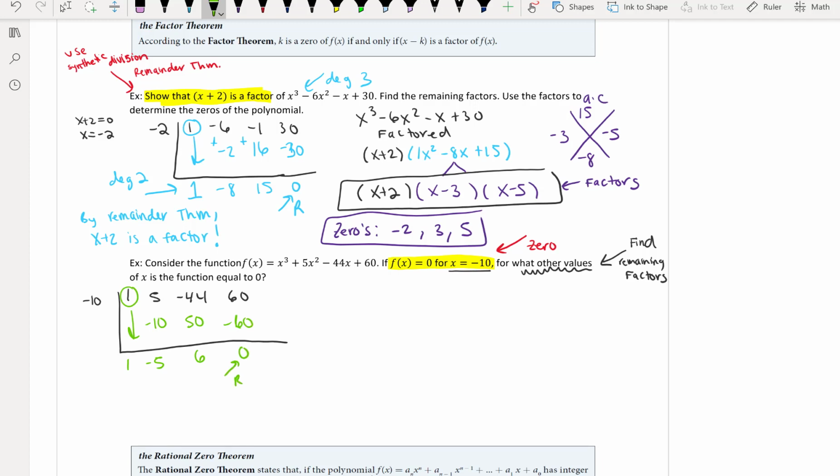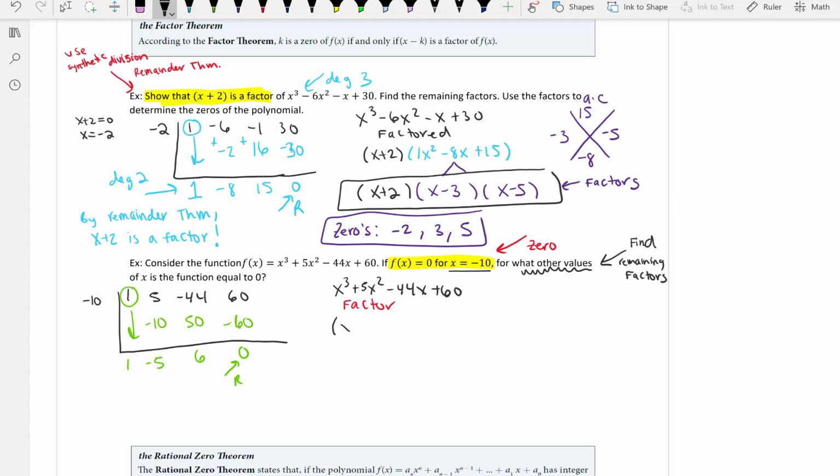Perfect. If it wasn't a 0, then that means it wouldn't have factored. So remember, I had x cubed plus 5x squared minus 44x plus 60. And we found that when we factored, it would factor since we have a 0.